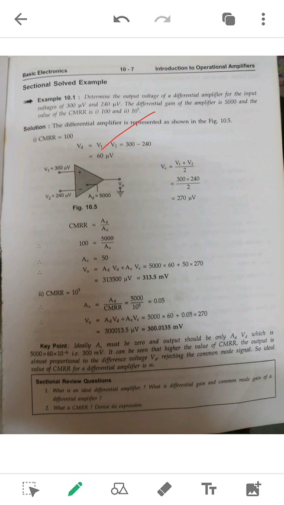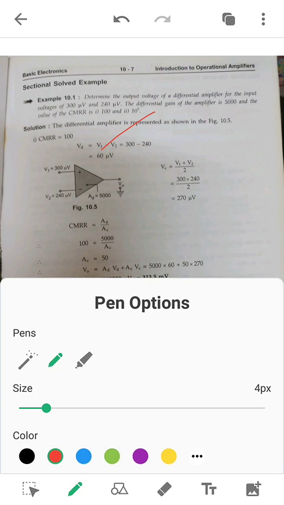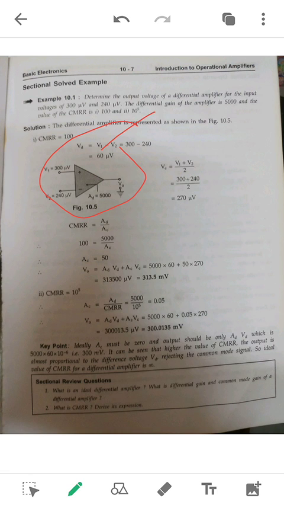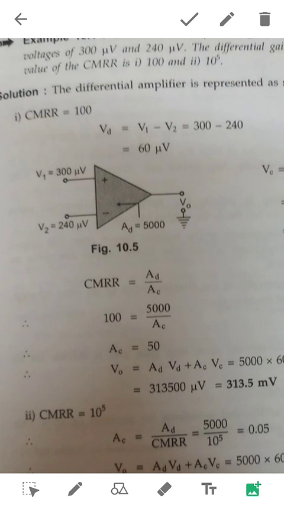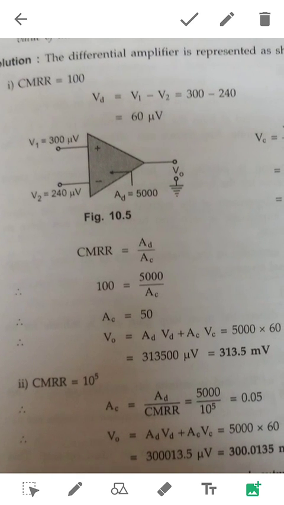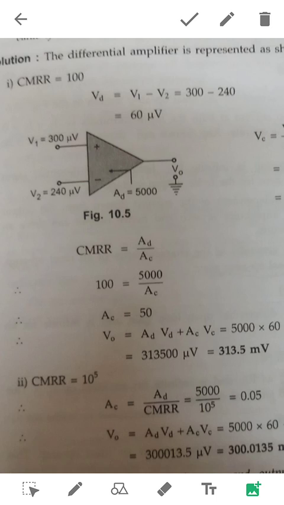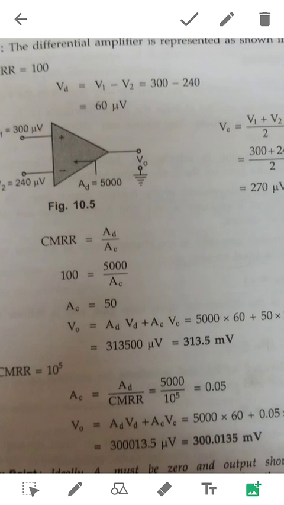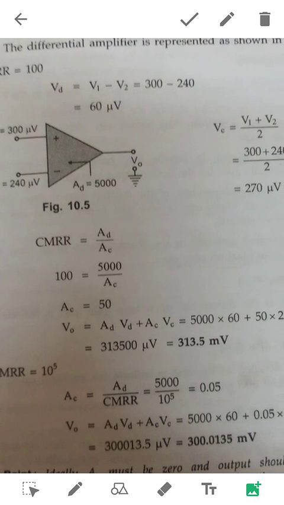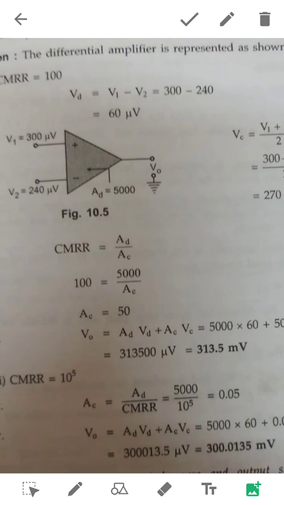The differential amplifier is represented as shown in figure 10.5. Here you can observe V1 is 300 microvolts connected to the plus terminal, and V2 is 240 microvolts connected to the inverting terminal, with AD equal to 5000, and V0 is what we want to calculate.